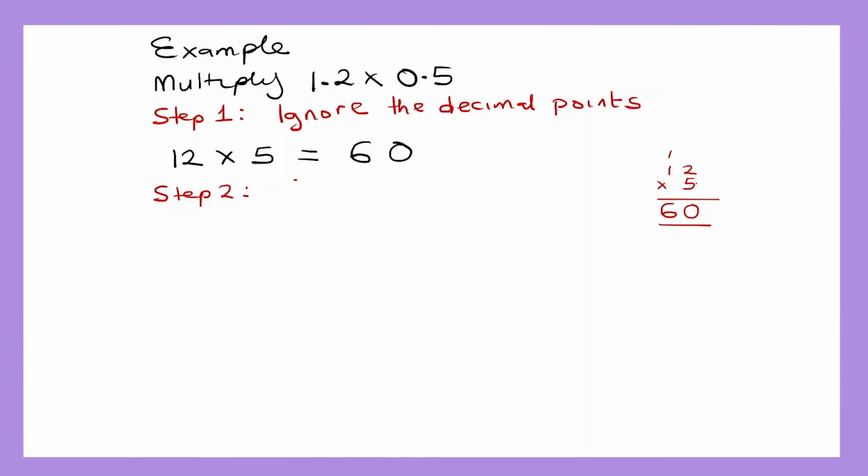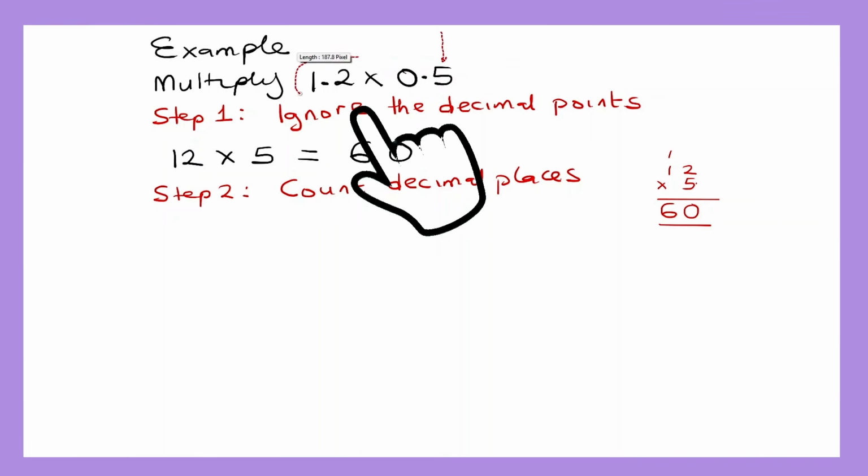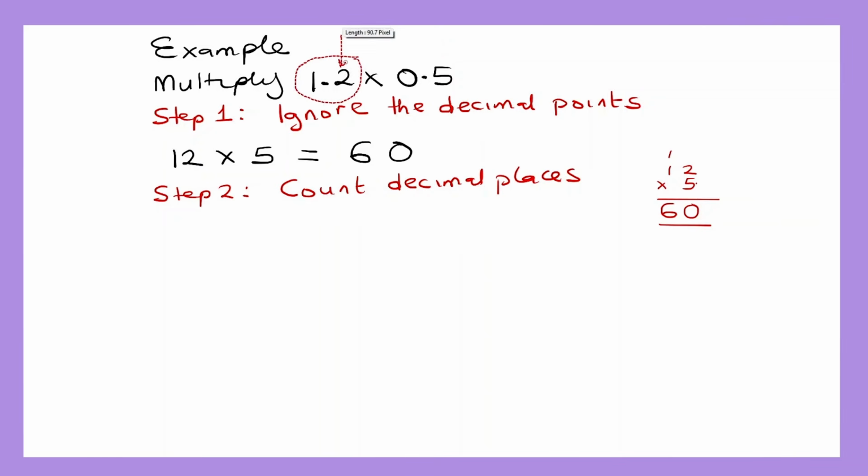Step 2, count decimal places. Over here, we have 1 decimal place, and over here also, we have 1 decimal place. Adding both of them, we have what? 2 decimal places.